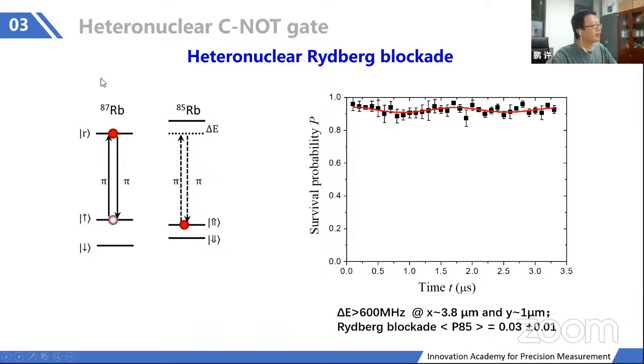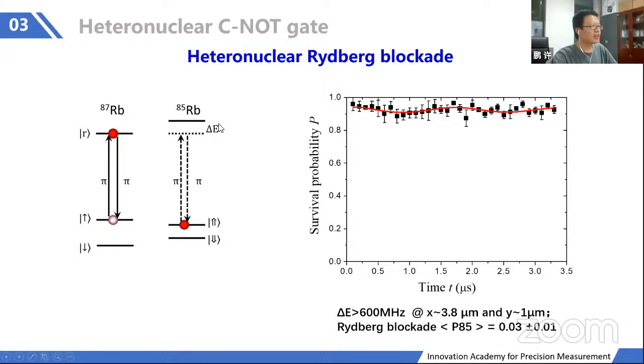But if 87 is in the up state, then with this Rydberg excitation laser pulse, it will be excited to the Rydberg state, and then due to the dipole-dipole or van der Waals interaction, 85 will have an energy shift proportional to the interaction strength.